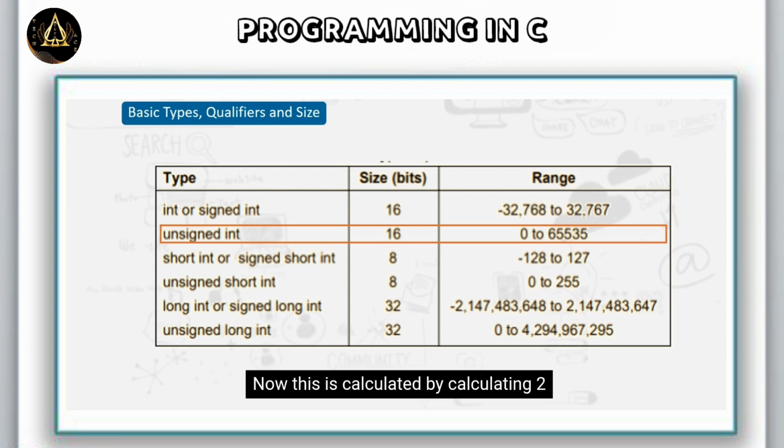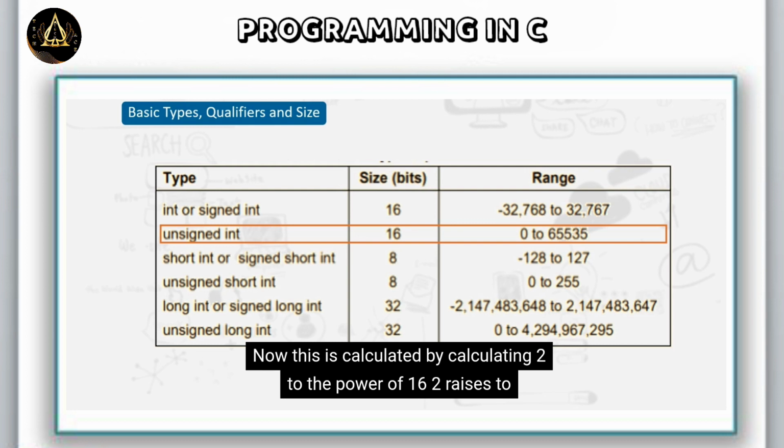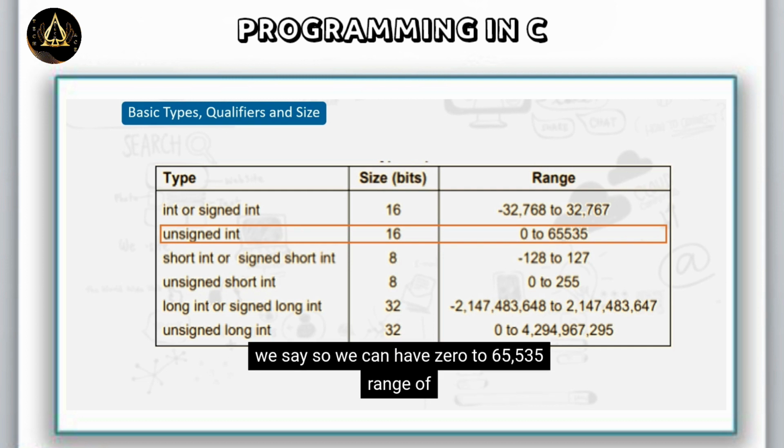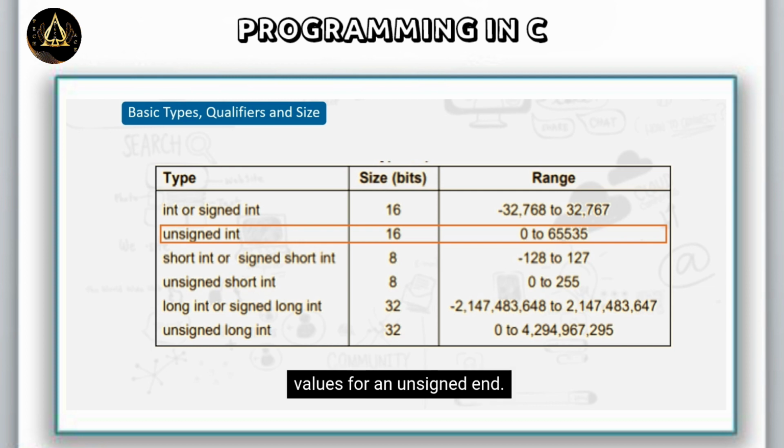Now this is calculated by calculating 2 to the power of 16. 2 raised to 16 will give 65,536. That's the value. So the range of values that you can have is from 0 to 2 to the power of 16 minus 1. So we can have 0 to 65,535 range of values for an unsigned int.